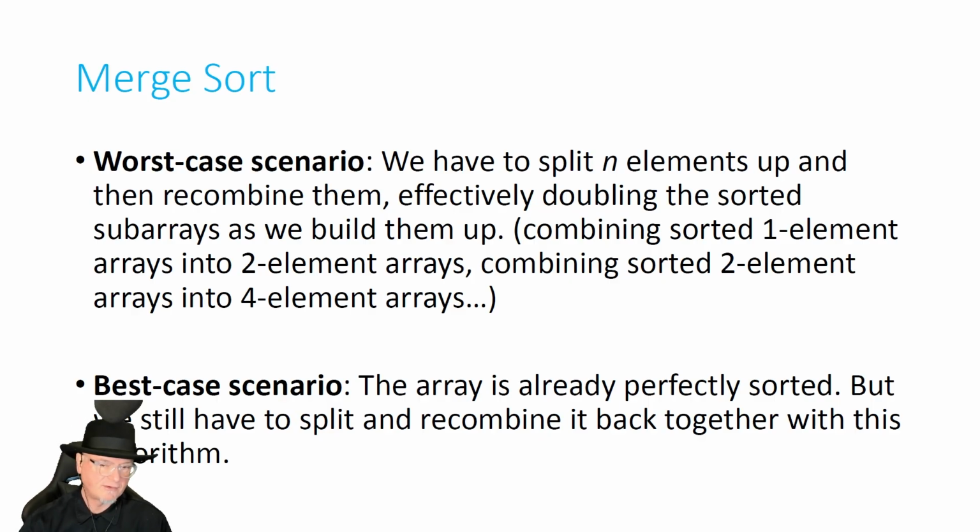Best case scenario is our array is already perfectly sorted. We actually still have to split them up and combine them by this algorithm in that way. I mean, we could talk about it in the notes a little bit. We could do a check, a dummy check in this algorithm to mitigate this. But without that dummy check, the best case scenario is we still have to go through them.